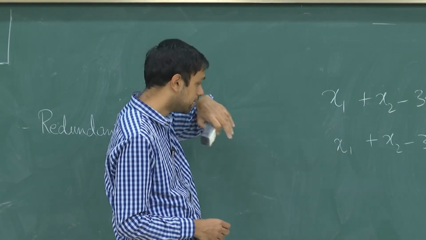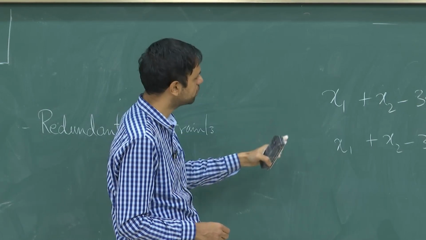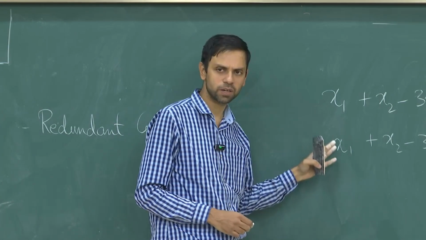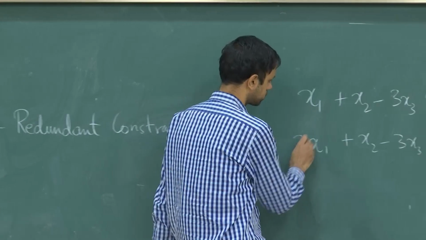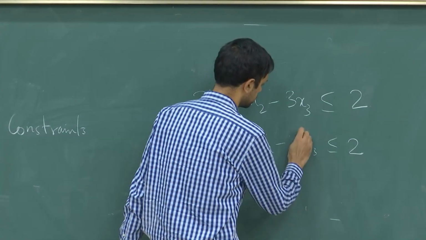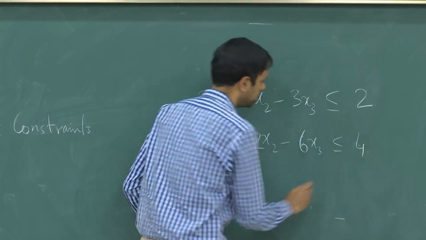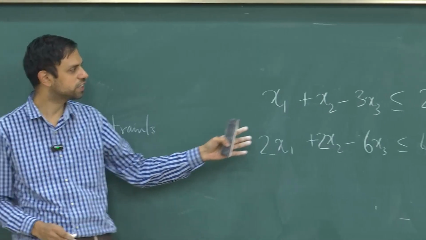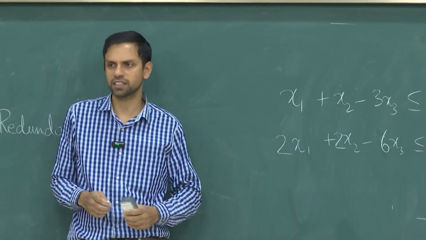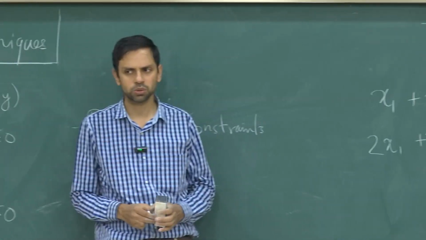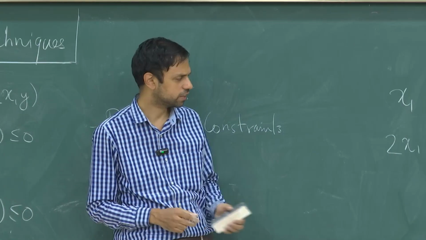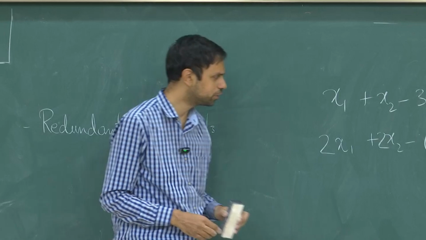A slightly different version of this is when one constraint is actually a multiple of the other constraint. So even here, it is very easy to see that we can safely drop one constraint and nothing changes. Okay, so that can also be tried, and it is relatively easy to do.